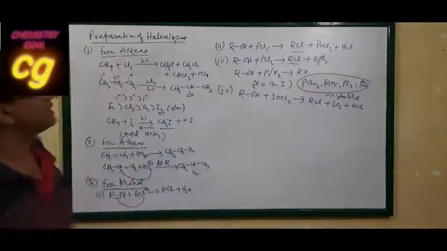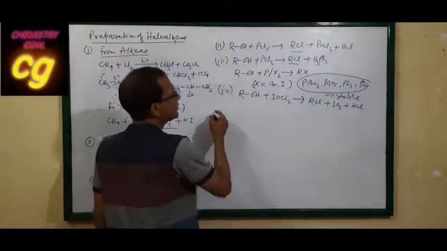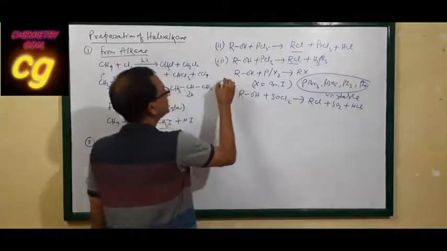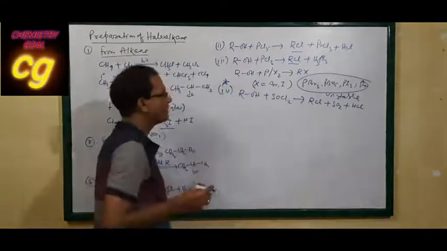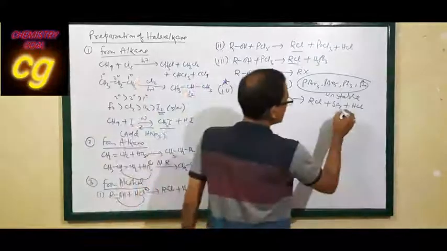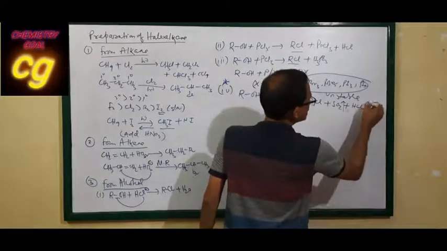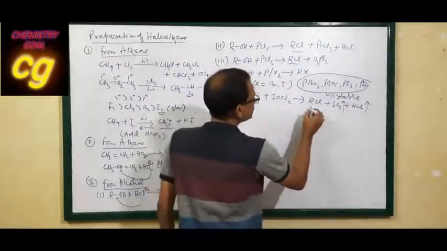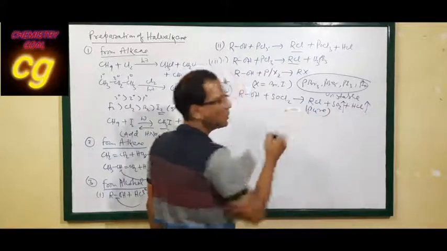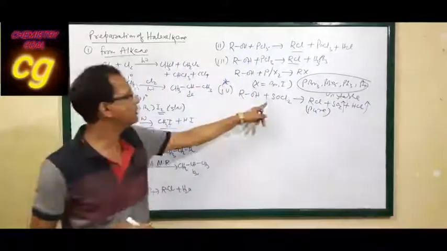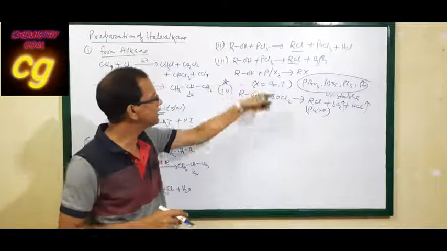This reaction is very important because all the side products are gaseous. This is also gas, this is also gas. So pure haloalkane can be prepared in this way using thionyl chloride. So this is very important.